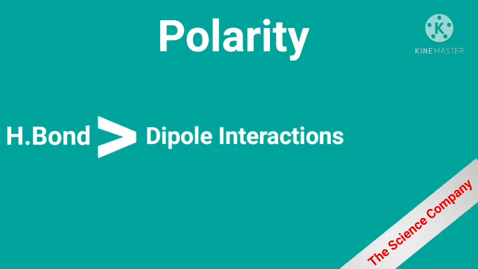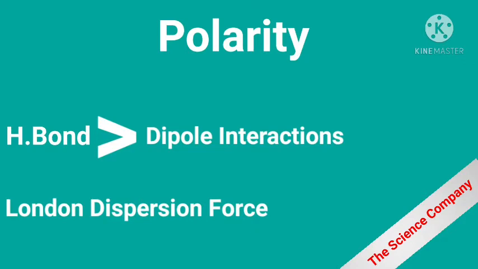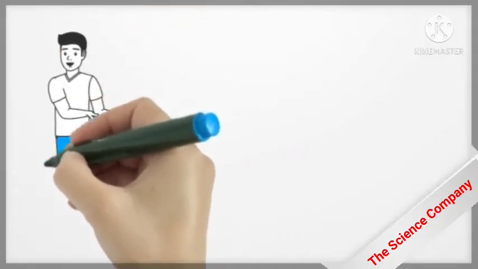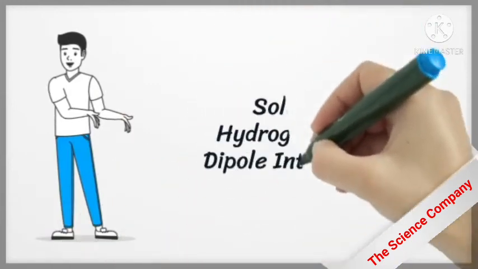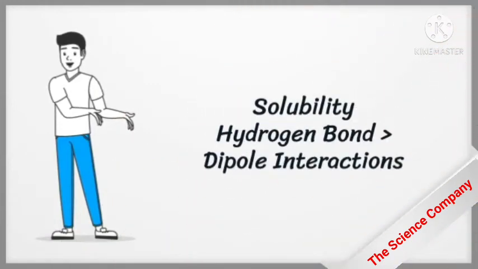And if an organic molecule contains only the London dispersion force, then it is non-polar. So based on this information, an organic molecule which has hydrogen bonds is more soluble compared to an organic molecule which only has dipole-dipole interaction.